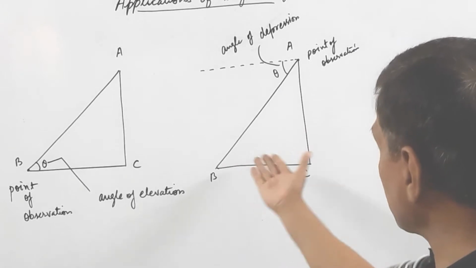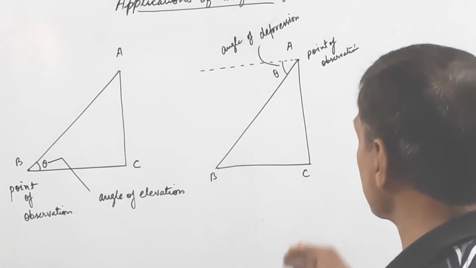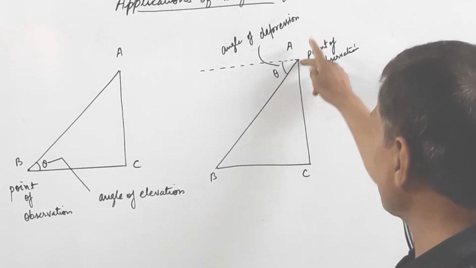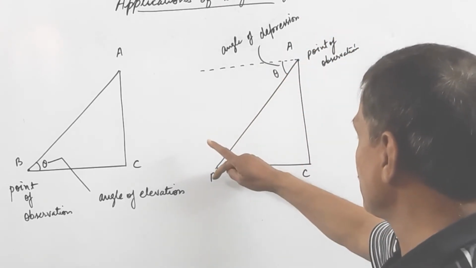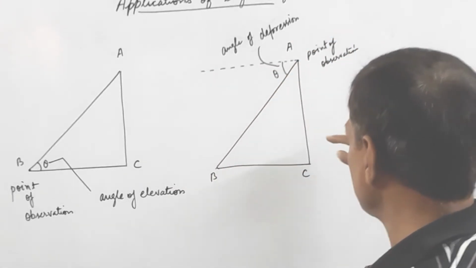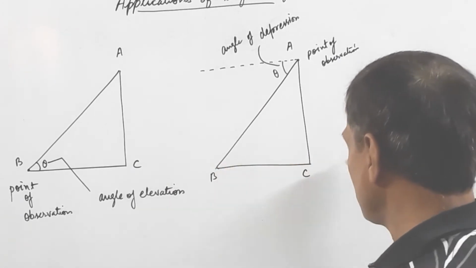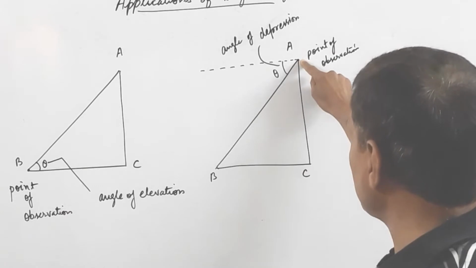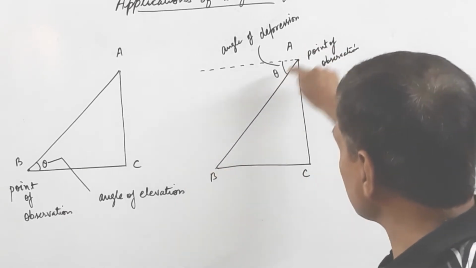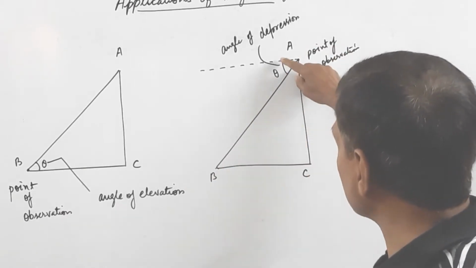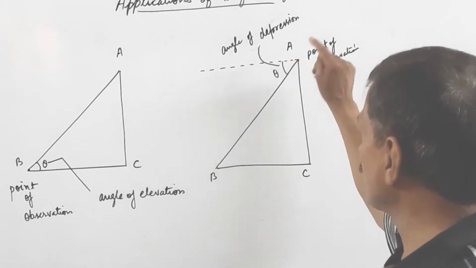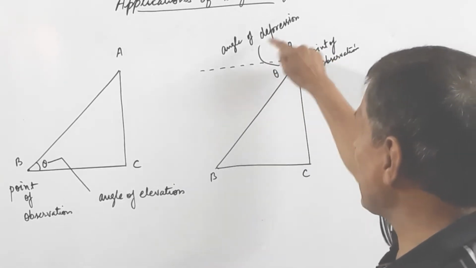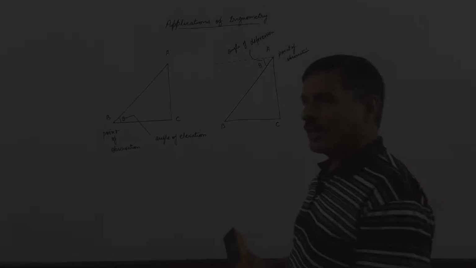In the second case, we are standing at the top of something and looking downwards. This is the horizontal which is parallel to the ground. This is the point of observation. We are looking downwards, so this incline is making angle theta with the horizontal through the point of observation. So this is the angle of depression.